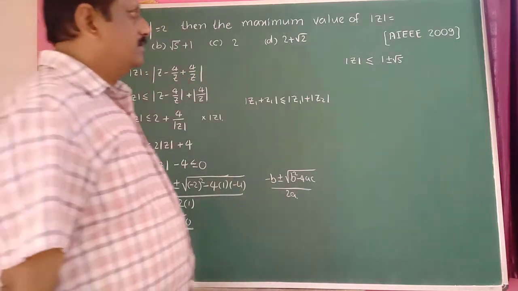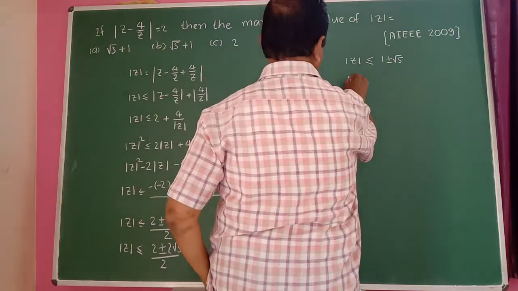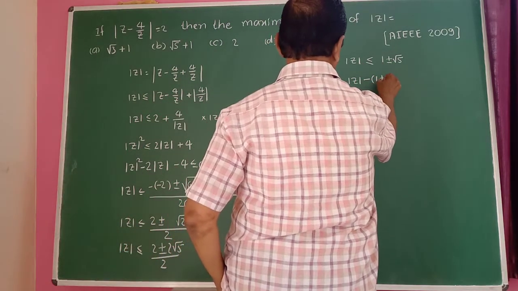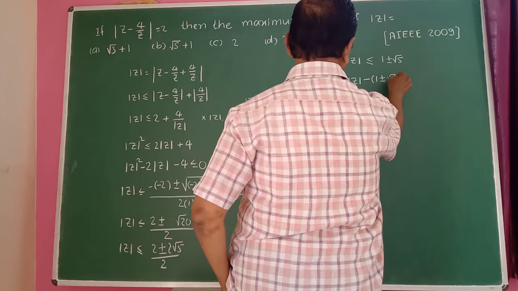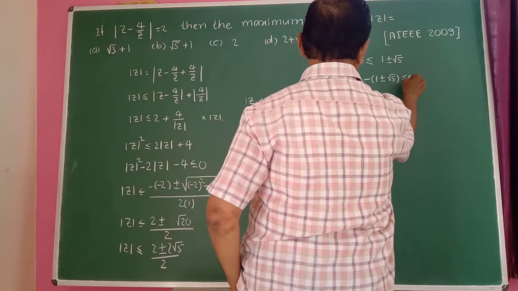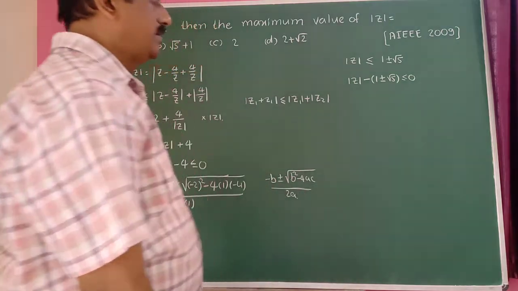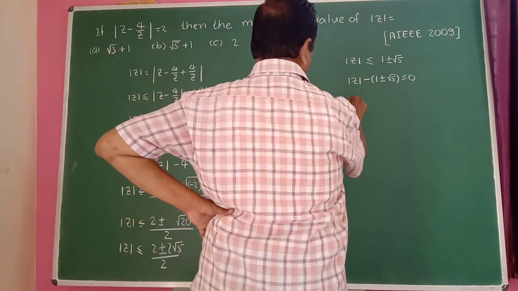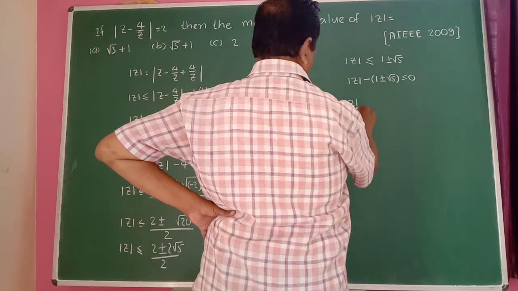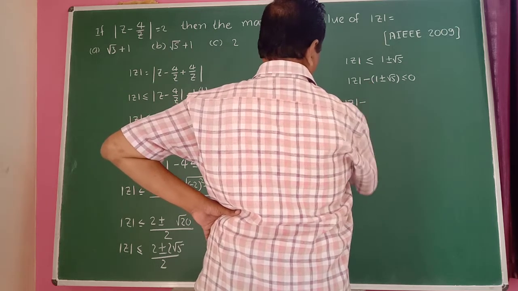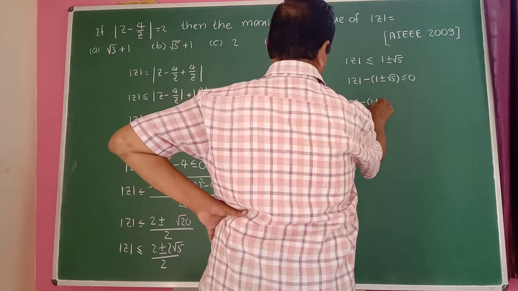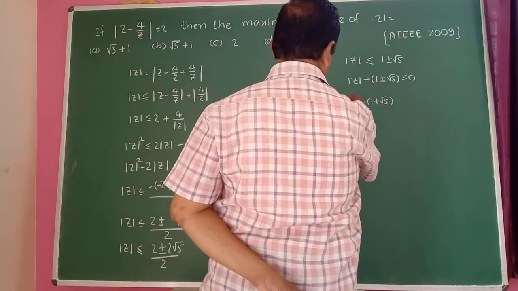Now take the term to the left side: modulus of z minus of 1 plus or minus root of 5 is less than or equal to 0. Hence, we can write this as modulus of z minus of 1 plus root 5.